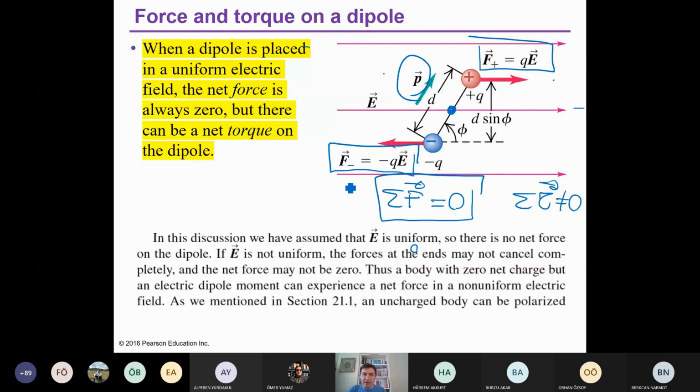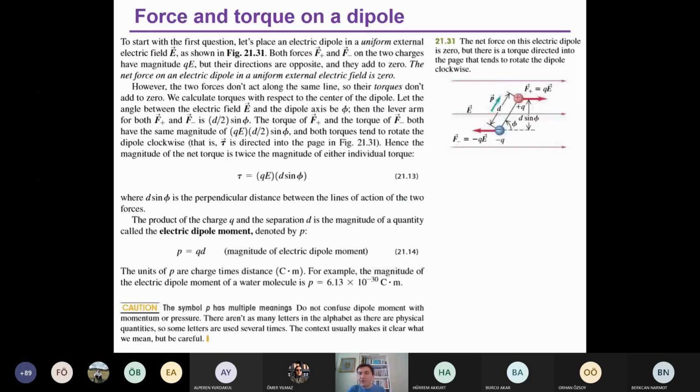Now we can calculate the net torque. Torque is given with force times lever arm, right? You remember from Physics 1, force times lever arm. What is the force here? The force is given with Q times E. What about the lever arm? The distance to the rotation axis. This lever arm is given with d/2 sin φ.